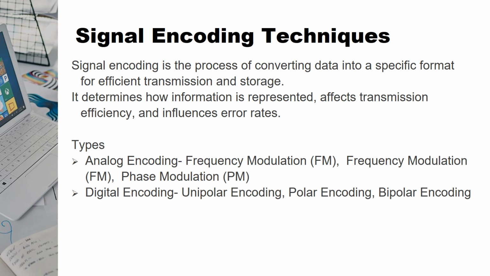It determines how information is represented, affects transmission efficiency and influences error rates. There is analog encoding, which includes amplitude, frequency, and phase modulation. There is digital, where we're seeing unipolar, polar, and bipolar encoding.